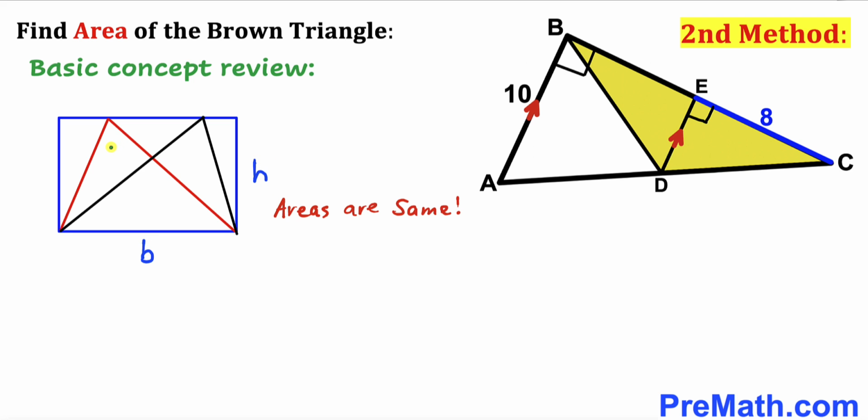So the area of this red triangle is the same as the area of this black triangle, as long as their base and their height are identical. And likewise the area of this green triangle is also the same as the rest of these triangles, as long as their height and base are the same.